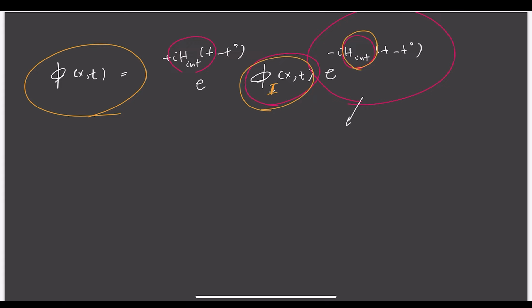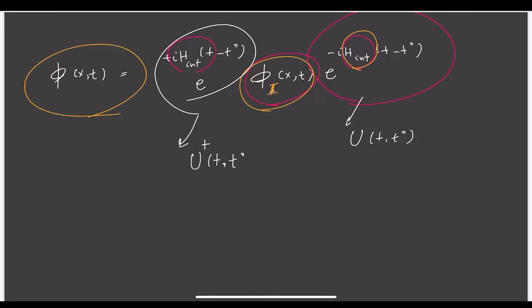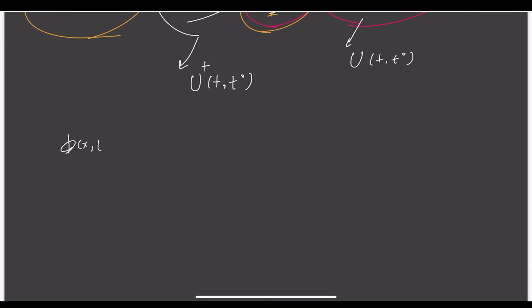I can call this Hamiltonian part U of t and t0, and this one U dagger of t and t0. So my phi of x and t is equal to phi_I of x and t, U(t, t0) and U dagger(t, t0).